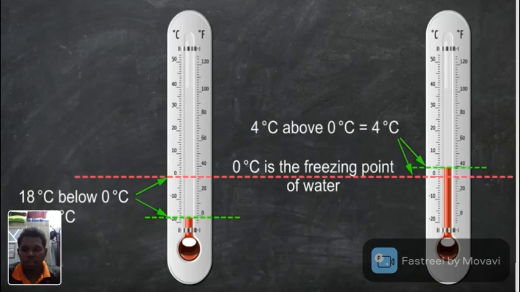So it can be written it is 18 degrees Celsius below 0 degrees Celsius. If you say 4 degrees Celsius, it means it is 4 warmer than the freezing point of water. It is 4 degrees Celsius above 0 degrees Celsius.